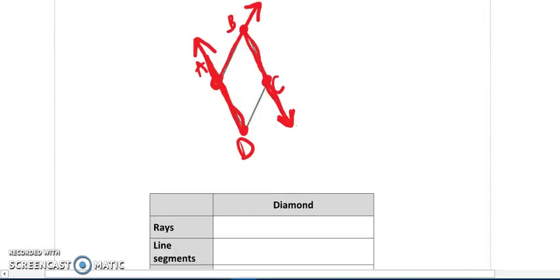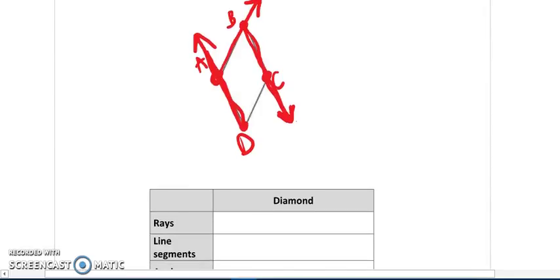So it says, let's show a ray. So a ray in this case would be DA. Let's put the little symbol above it, DA. It starts at D, passes through A.